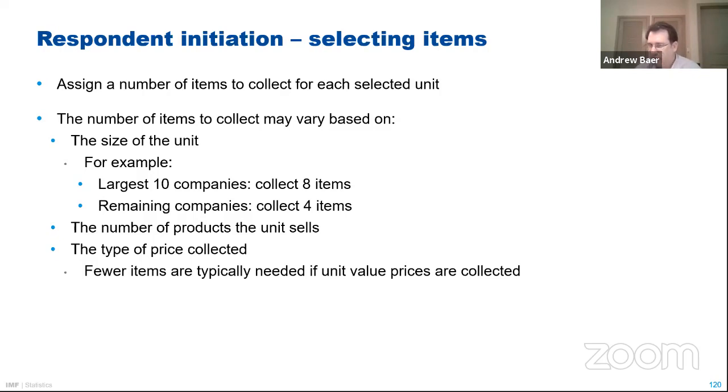Think about that for airlines, right? One price could reflect all the transactions for all the flights from Jakarta to Hong Kong. Now, I still might need more than one item, because they fly multiple routes and I'd want to collect multiple routes.